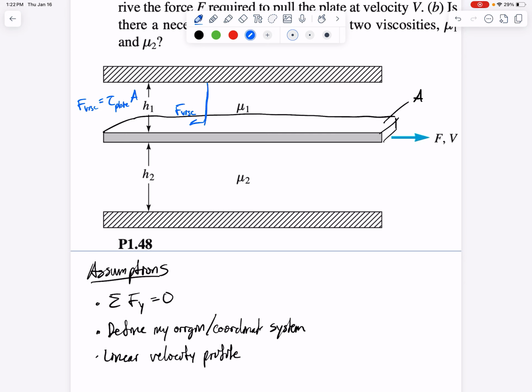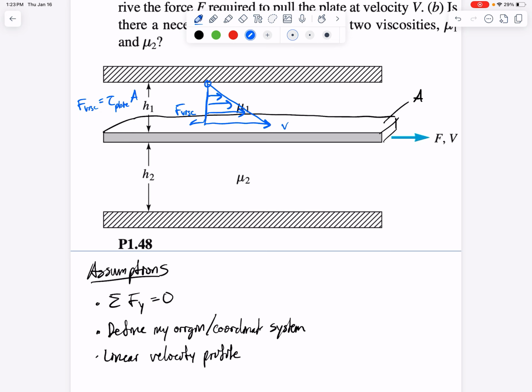At the top surface here, it's in contact with the fixed plate, meaning that at this location, due to the no-slip condition, the velocity is 0, and the fluid in contact with the middle plate that's moving is going to inherit the velocity of that plate. So fluid along the plate will have the velocity v. And the linear velocity profile means that as we go through the fluid, we should see the velocity changing linearly.